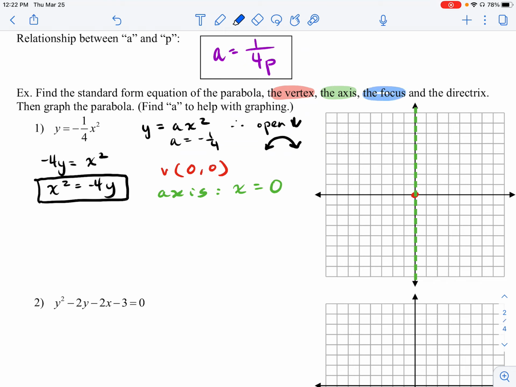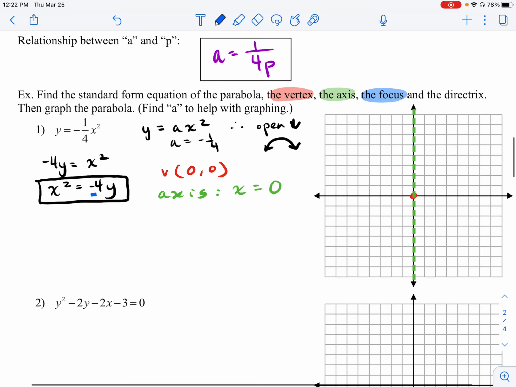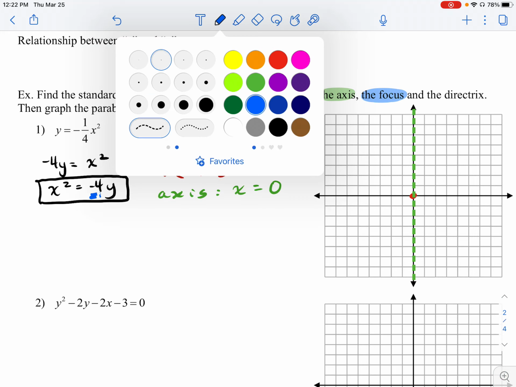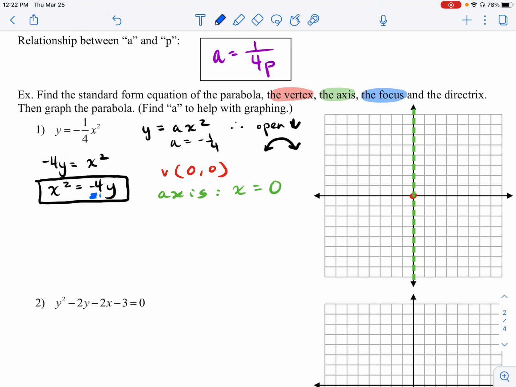What about the focus? What do we know about the focus? Well, to know where the focus is, we need to know what our p-value is. And what do we see? Let me just go ahead and switch this back. We can see here that -4 is going to represent our 4p. So -4 is equal to 4p. That means p is equal to -1.